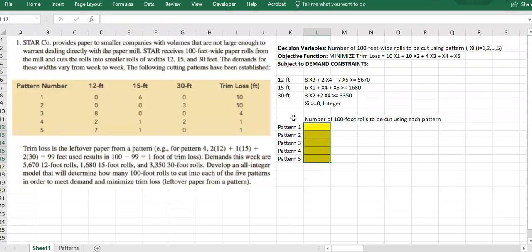So 5 decision variables. All right, decision variables, the objective function, DVs.